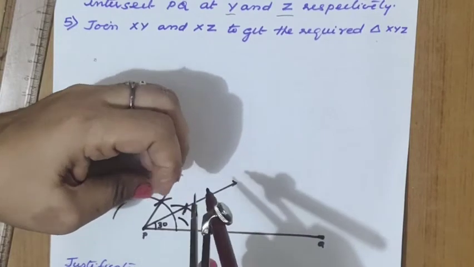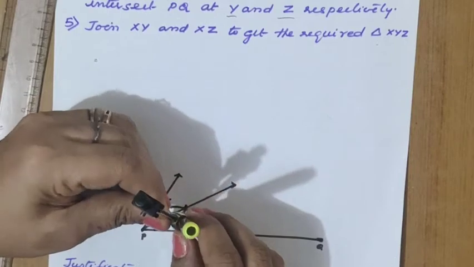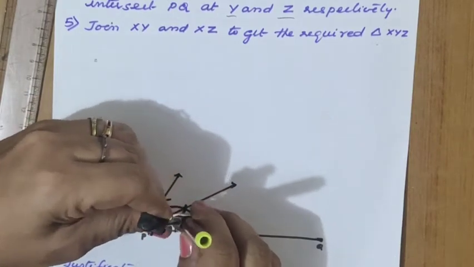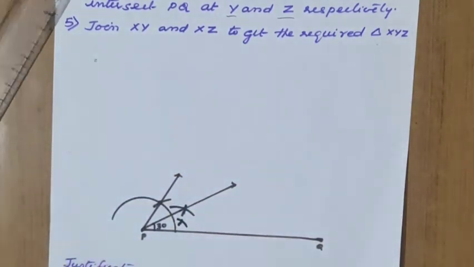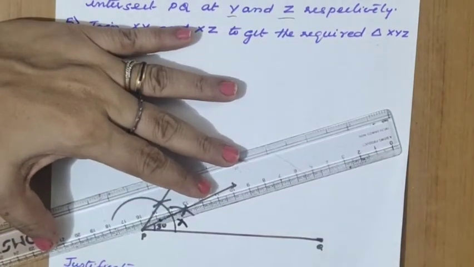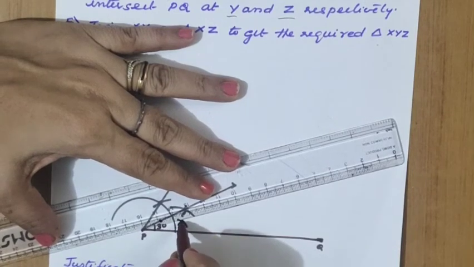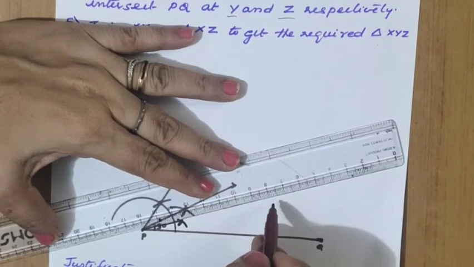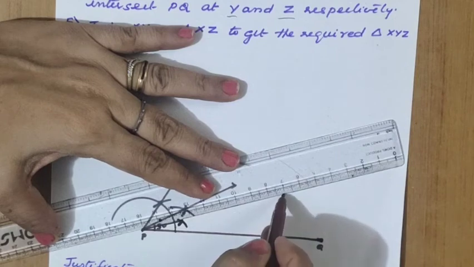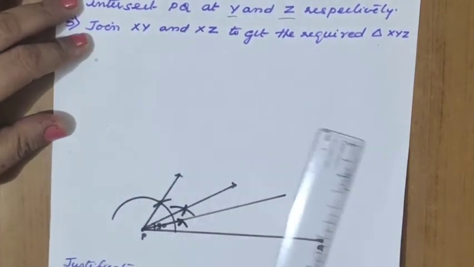It's a little bit difficult because the arc length is less. Okay, now we have to extend the line correctly. This is 15 degree now.